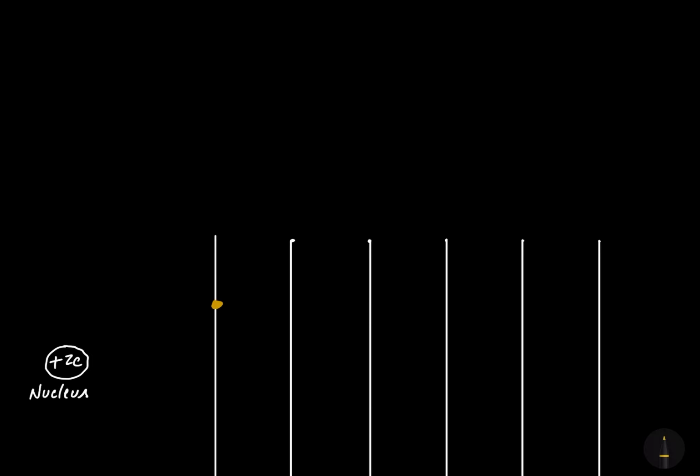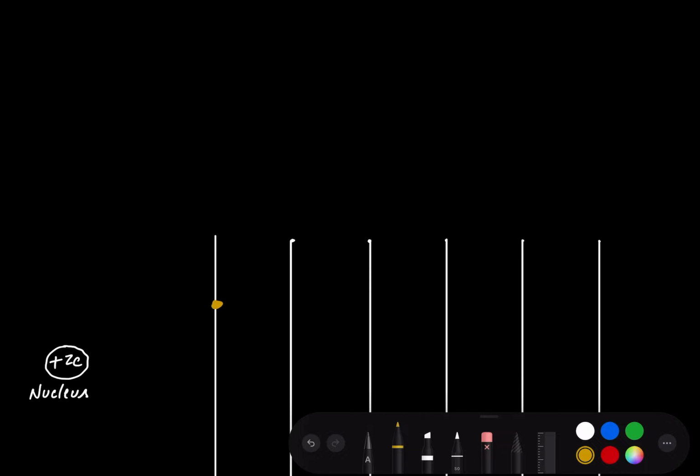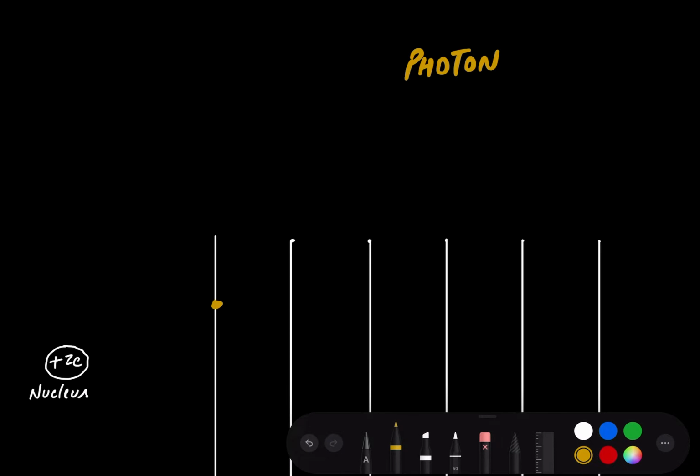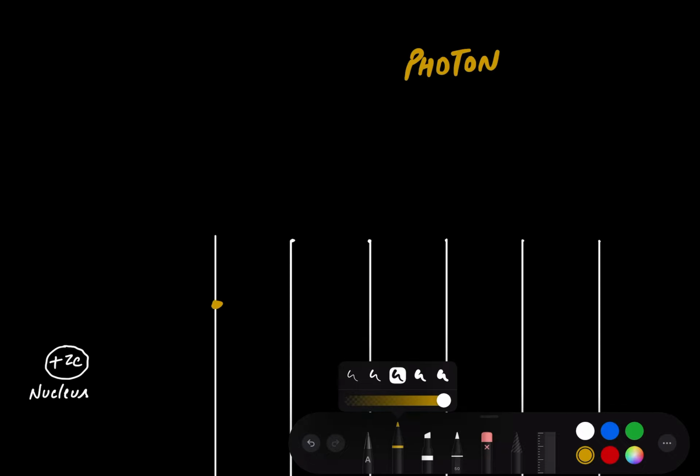Now what will happen? I'm writing: a photon of very high energy whose energy is equal to the difference between the energy of 6th orbit and the first orbit.